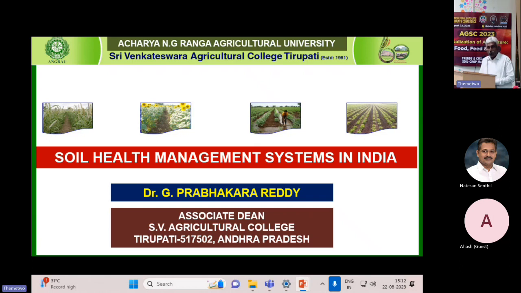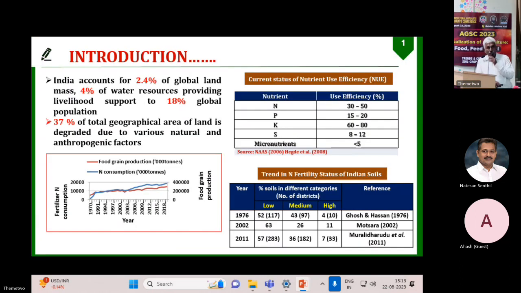In the process of increasing production, some issues have not been taken care of, and an important issue is soil health. We know very well India has 2.4% of global land with 4% water resources and 18% of the global population, and 37% of the geographical area contributes to different activities.